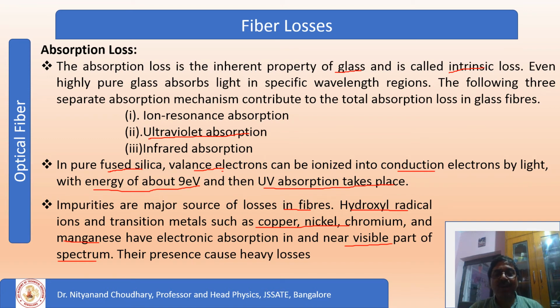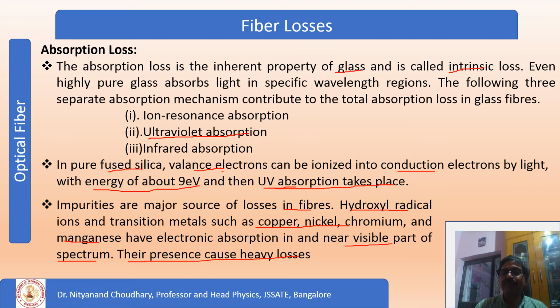Here the ultraviolet part was getting affected because of the higher energy, and here, if we have impurities like copper, nickel, chromium and manganese, then because of the electronic absorption in the near visible part, your absorption is going to increase, and of course we'll have heavy loss, right? So these are the reasons for the absorption loss.